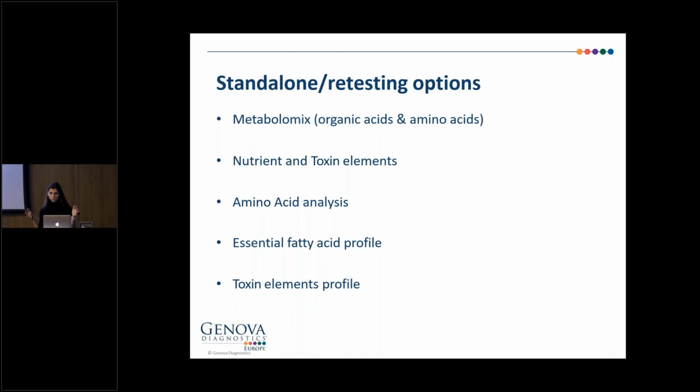You have the options to do that. And then obviously with the Metabolomics on its own, you can also do add-ons. So you could add on the essential fat, which is probably the most common add-on, I would say. So then you're getting a slightly bigger picture, which should still tell you a heck of a lot of information.